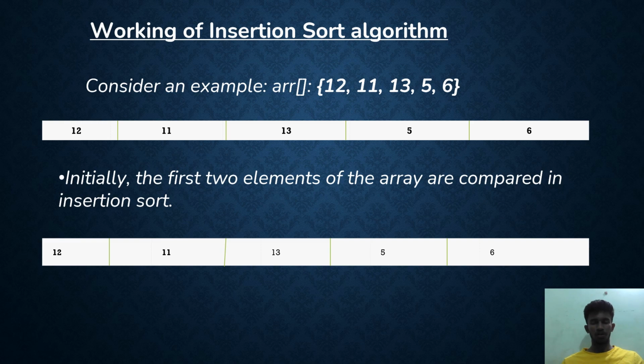Let's move on to the working of the insertion sort algorithm. Consider an array of 12, 11, 13, 5, and 6. We have to sort it in order. Initially, the first two elements of the array are compared, and the elements are 12, 11, 13, 5, and 6.